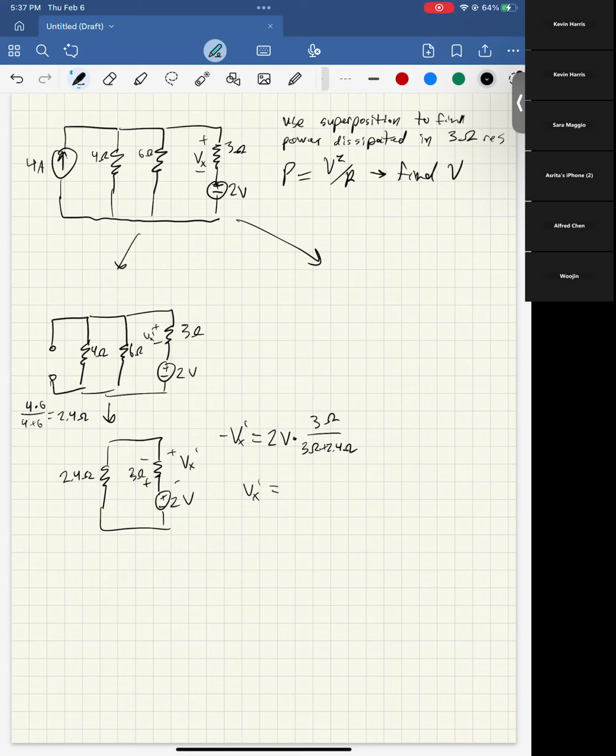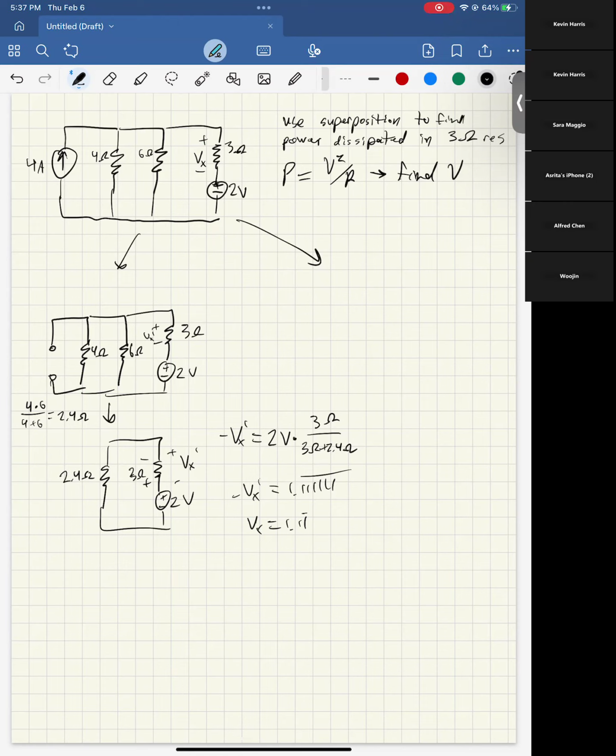I don't think my sign is flipped. 2 times 3 over 3 plus 2.4. Yes, you would get negative Vx equals 1.11111, which means Vx equals 1.11 repeating.